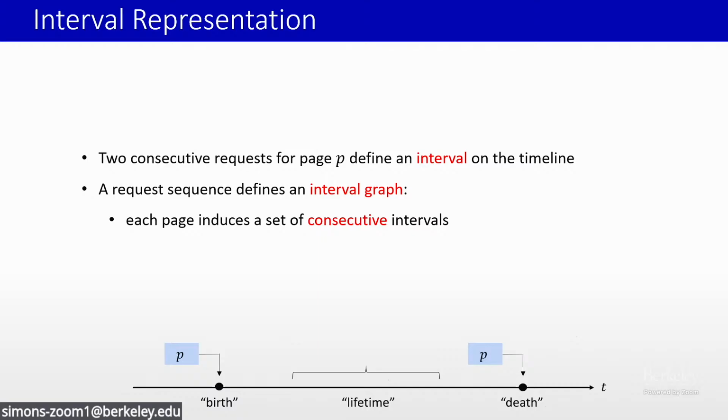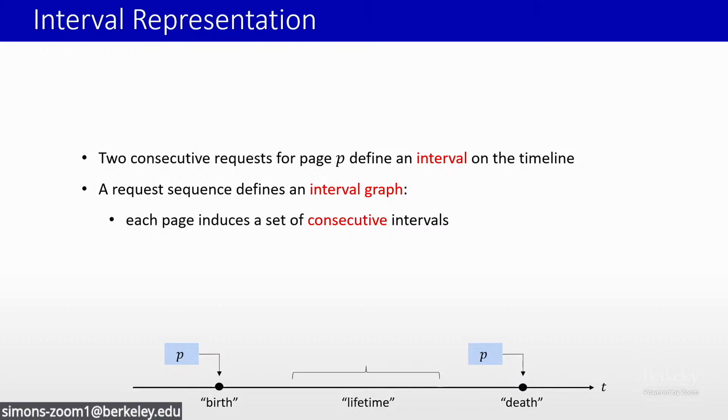Okay, let's move beyond just the greedy algorithm. Given a request sequence, I want to view it as inducing an interval graph. What is this interval graph? Let's say we get a request for page P. It's born here and it dies here. What does it mean that it dies? A new request for the page P arrives.